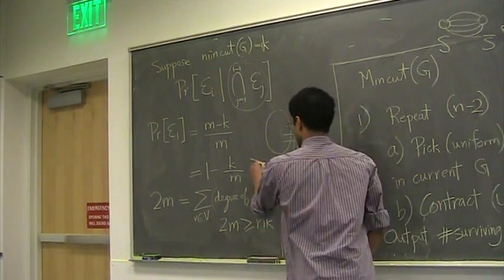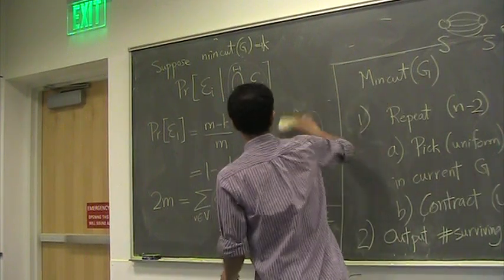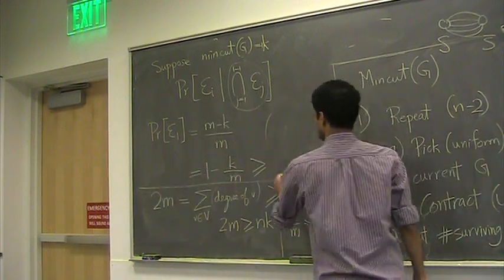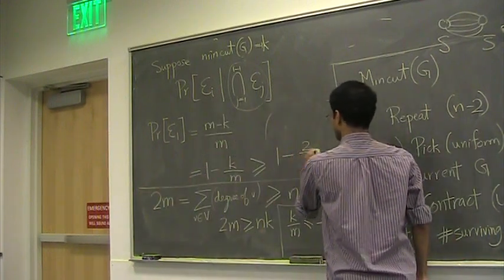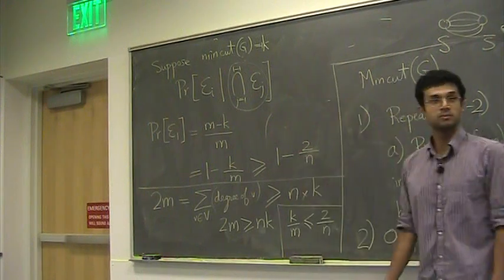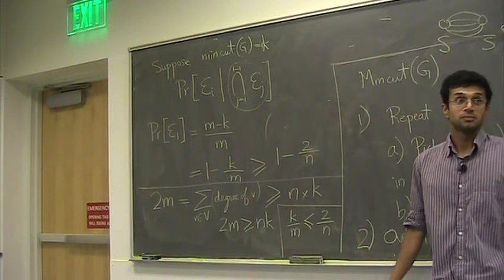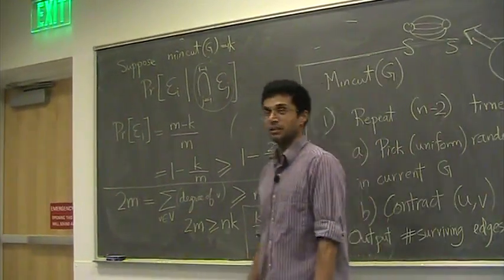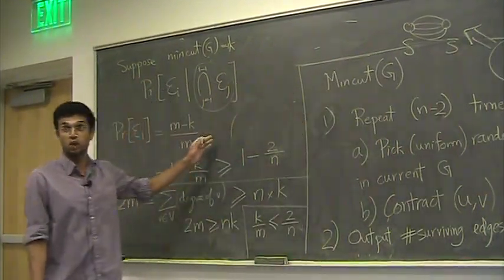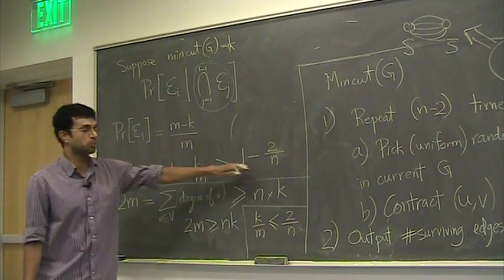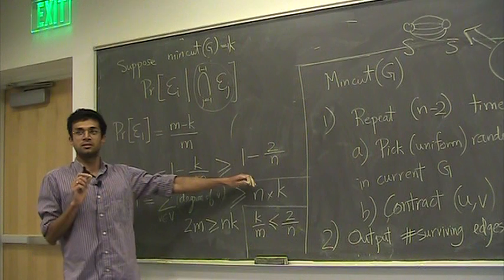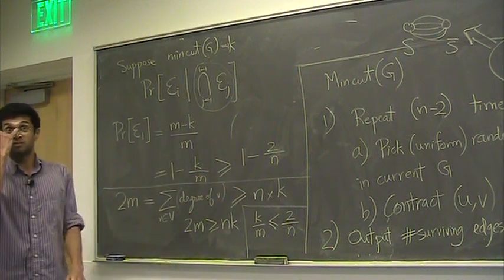And so what I get here is 1 minus 2 divided by n. It's like a magic trick. Your odds are pretty good. This is the probability that you're avoiding the min cut at the first step.